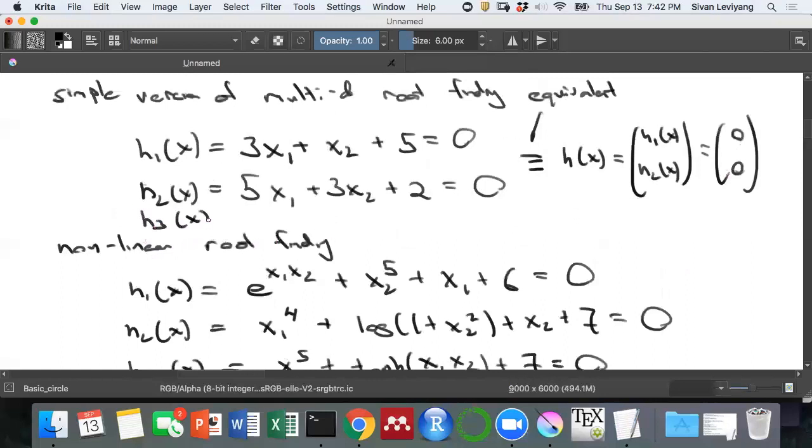If I gave you another equation here, 8x1 plus x2 plus 3 equals 0, what would be your objection? If I give you 3 equations and 2 unknowns, your unknowns are x1 and x2, and I've given you 3 equations. What would you tell me?